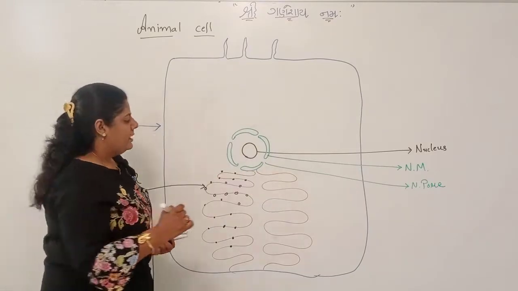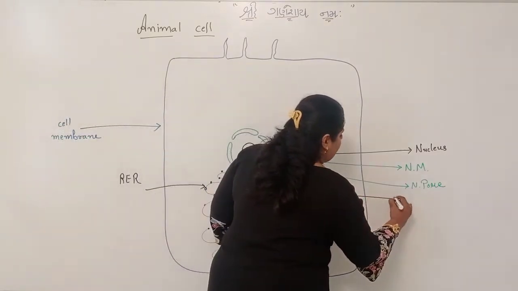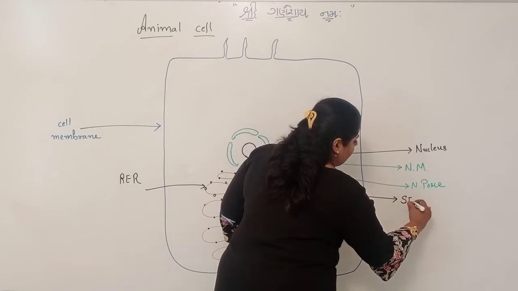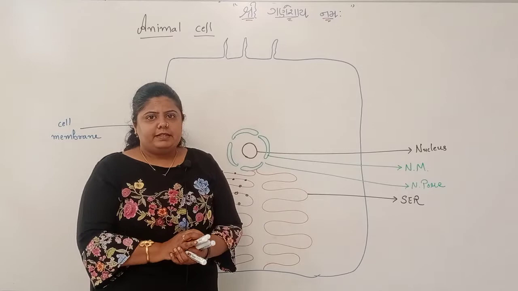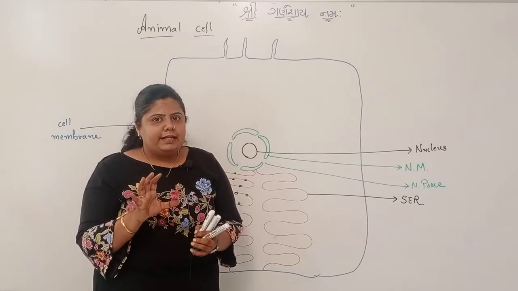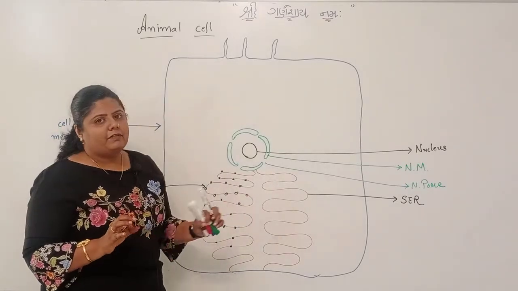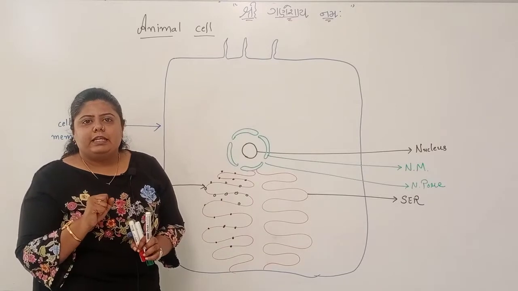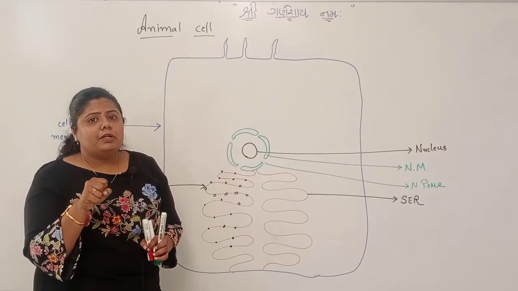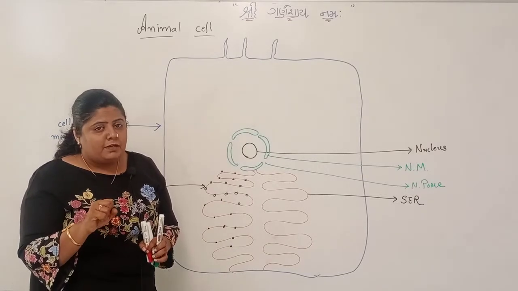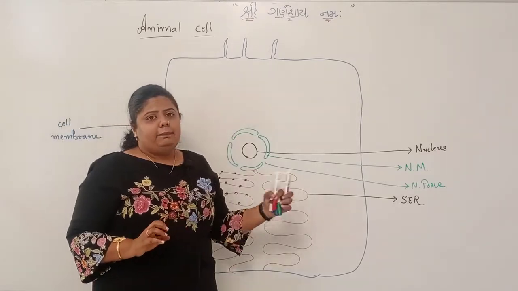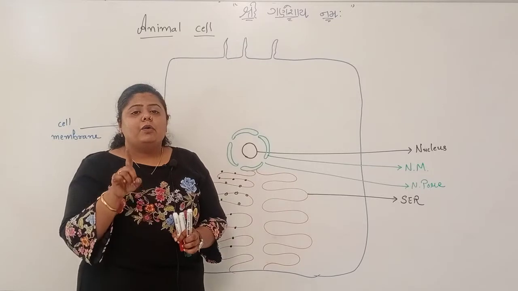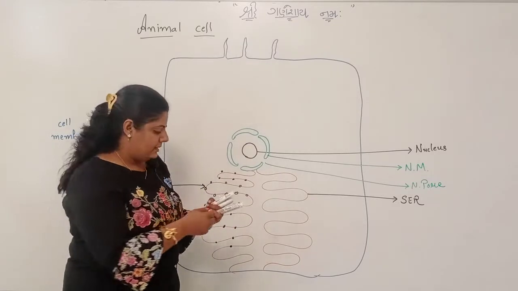The other type, smooth endoplasmic reticulum, has the function of production of lipids and steroids. Ready? Smooth and rough. So ER is a factory for production of proteins and lipids. Now packaging. Packaging of protein and lipid is done by the Golgi apparatus.